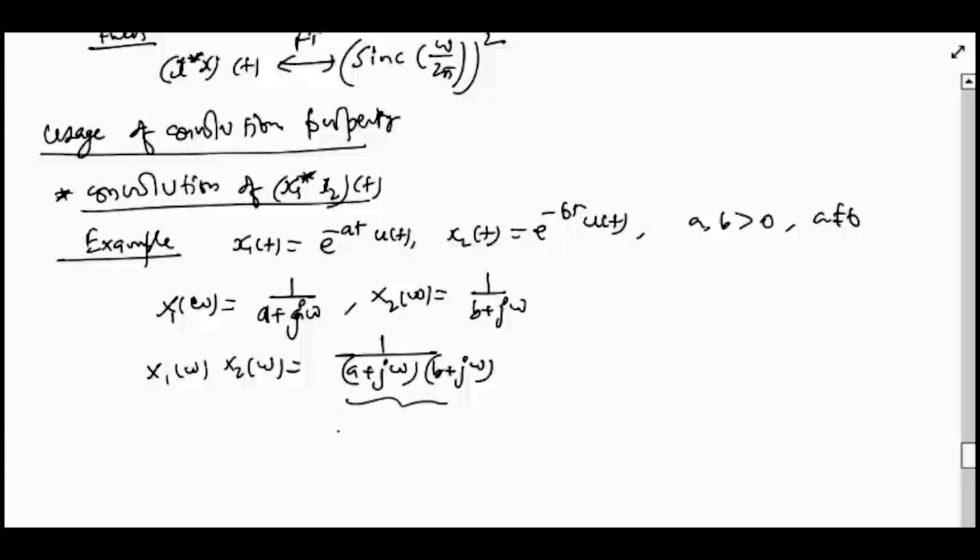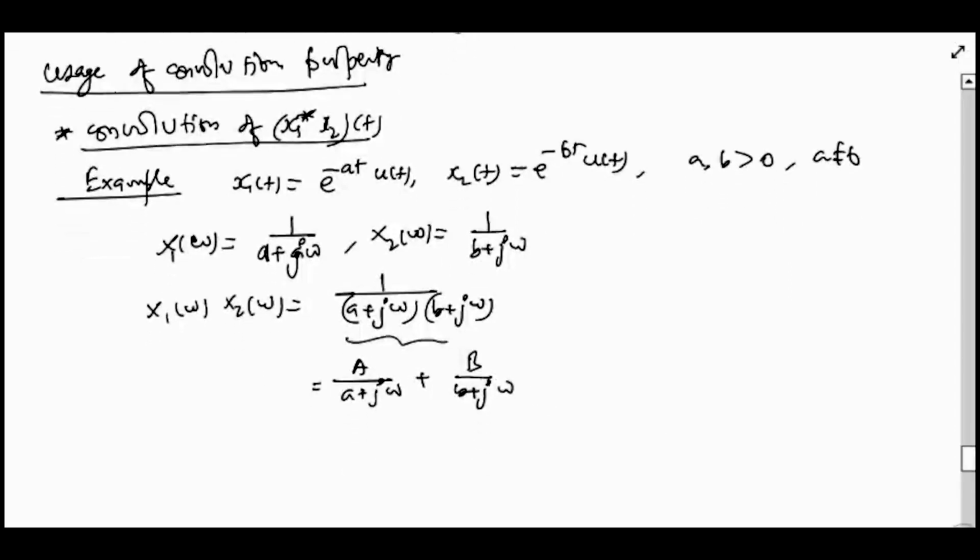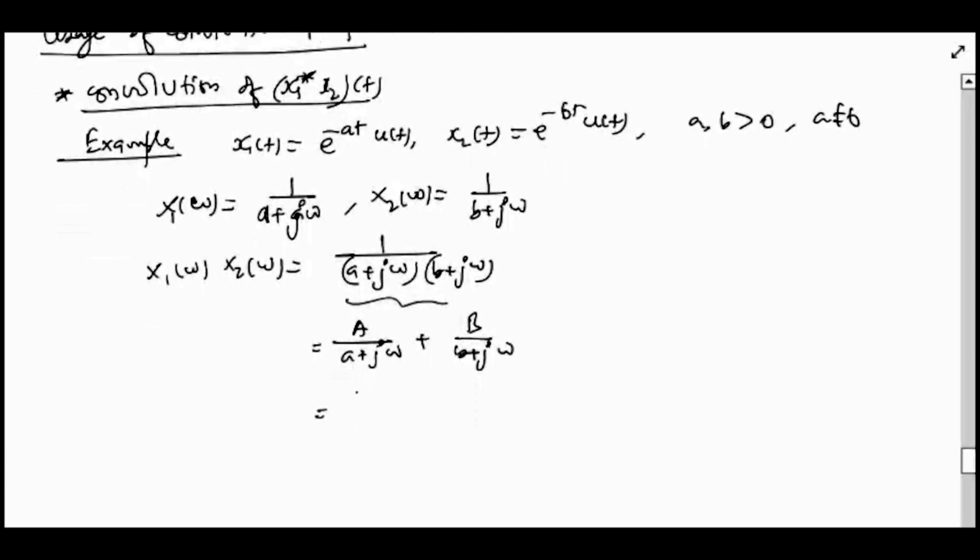Towards this, we will use the technique of partial fraction expansion, which says that we can write this right hand side as A by a plus j omega plus B by b plus j omega for two numbers A and B. This can further be worked out to be A b plus B a plus j(A plus B) divided by a plus j omega times b plus j omega.